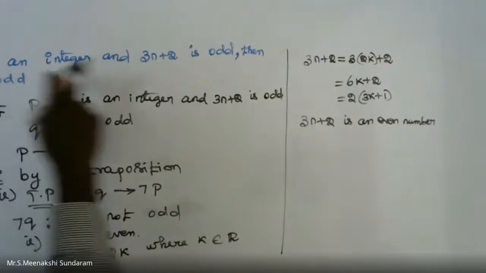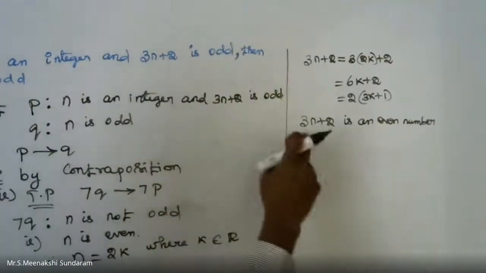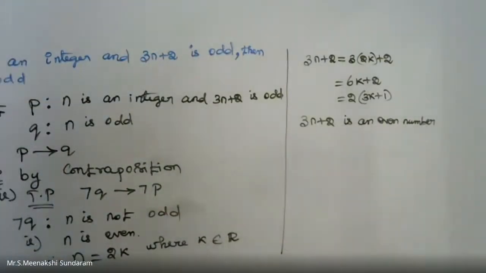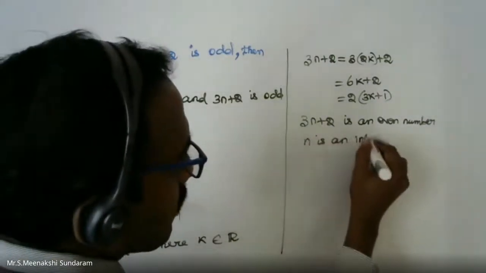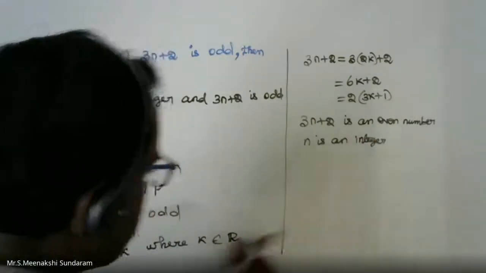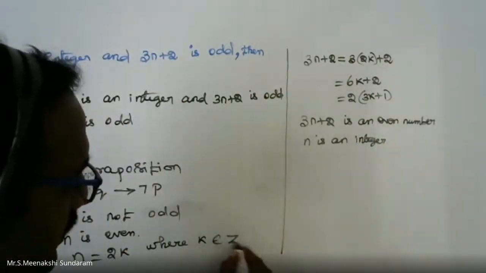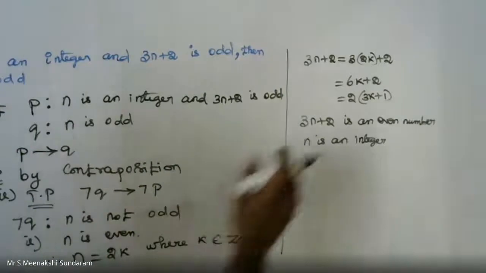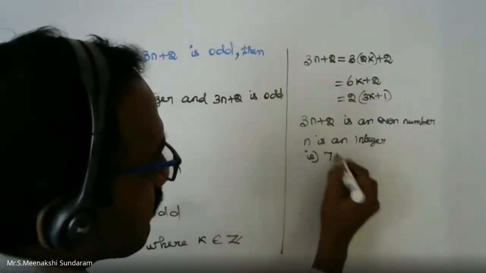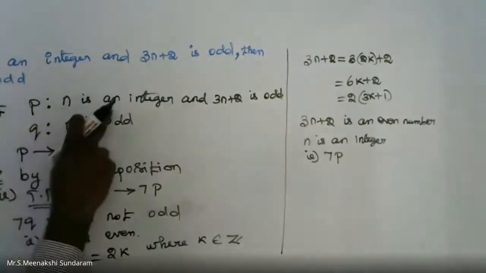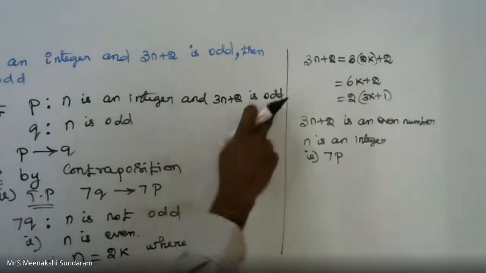I wanted to show that 3n plus 2 is odd, but 3n plus 2 is an even number. n is an integer, and here also you can take it as an integer, in Z. But the conclusion is negation p. What is p here? n is an integer and 3n plus 2 is odd.